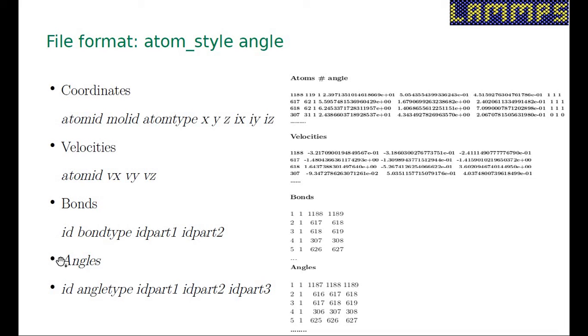Next, the angles. For the angles, we need to specify 3 particles because the angle between the springs is formed by using three particles. So we need to specify the ID of the angle, the angle type, and then the particles that form the angle: the ID for particle 1, the ID for particle 2, and the ID for particle 3.